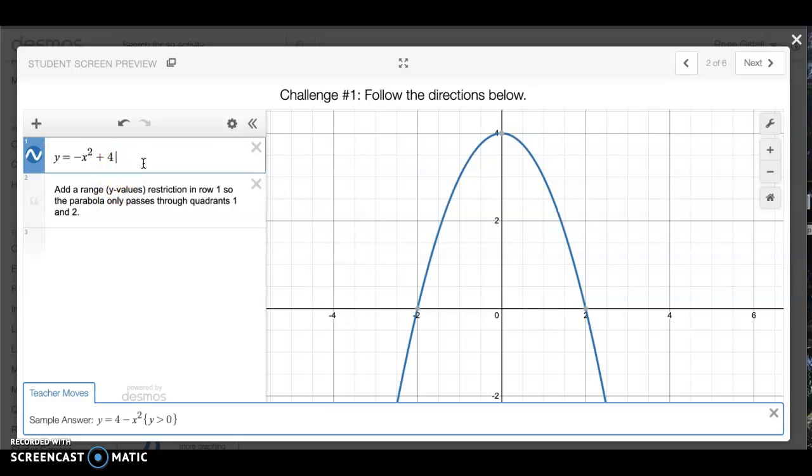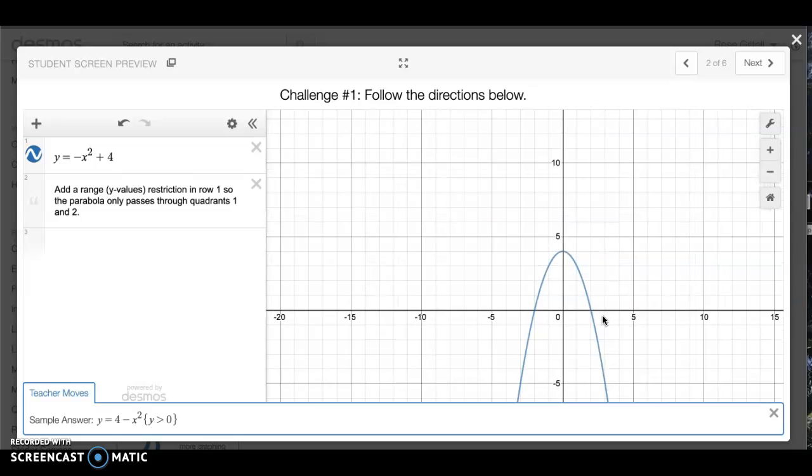Since I already know I'm going to be restricting the y values, when I type in the restriction up here, I'm going to be using y is less than or y is greater than. And I want it so that the parabola only passes through quadrants 1 and 2. A quick reminder of the quadrants.